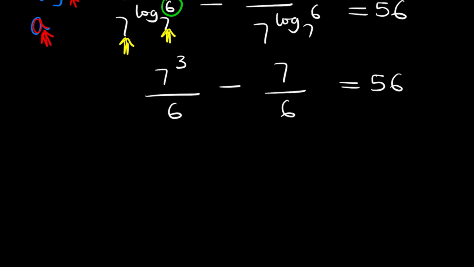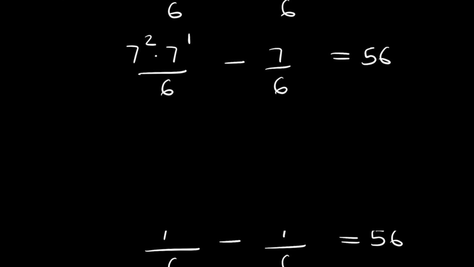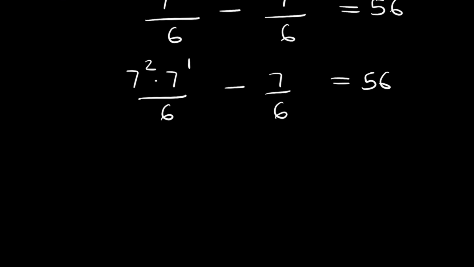So 7 raised to power 3 is common to both expressions. I'll bring that out. This is 7 raised to power 2 dot 7 raised to power 1 divided by 6 minus 7 divided by 6 is equal to 56. Then let us factor out 7 over 6 in this expression.